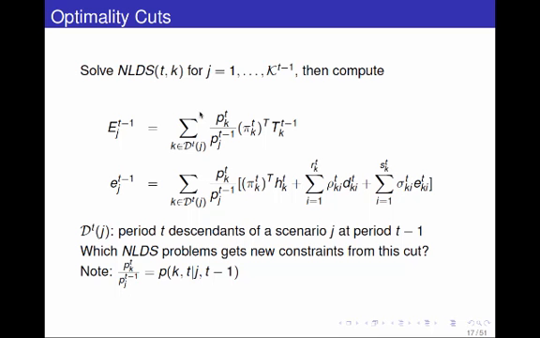For the optimality cuts, they should look familiar, right? And what is different between this and the L-shaped algorithm? There's a couple of things that are different. The formulas are somewhat strikingly different.